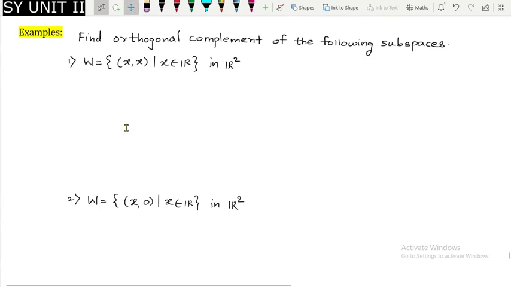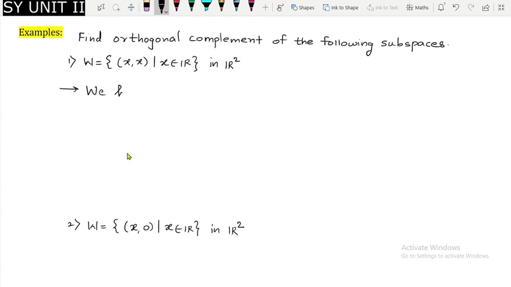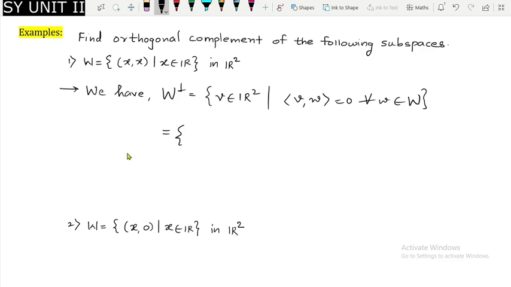This is a W that is given to us, and we have to find the orthogonal complement. First of all, I will write down the definition of W perp. W perp is equal to the set of all v belonging to R2, since our vector space is R2 in this case, such that the inner product of v with w should be equal to 0 for all w belonging to W. I will give some notation to v now.